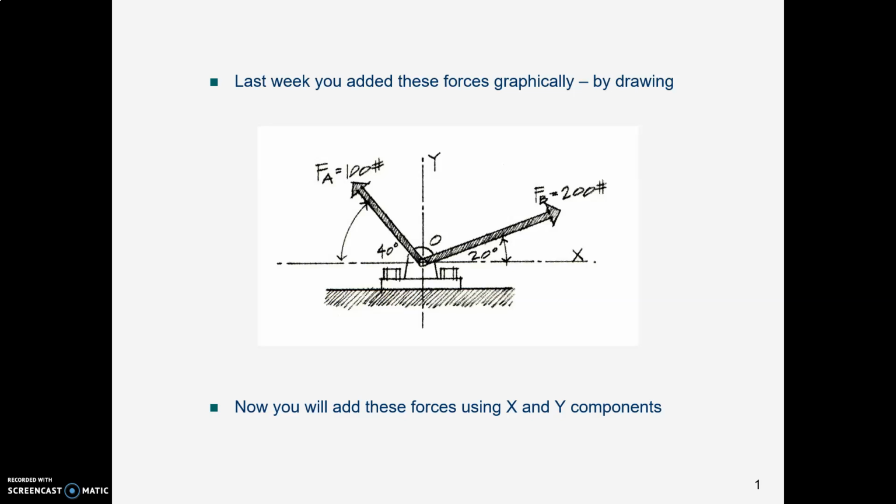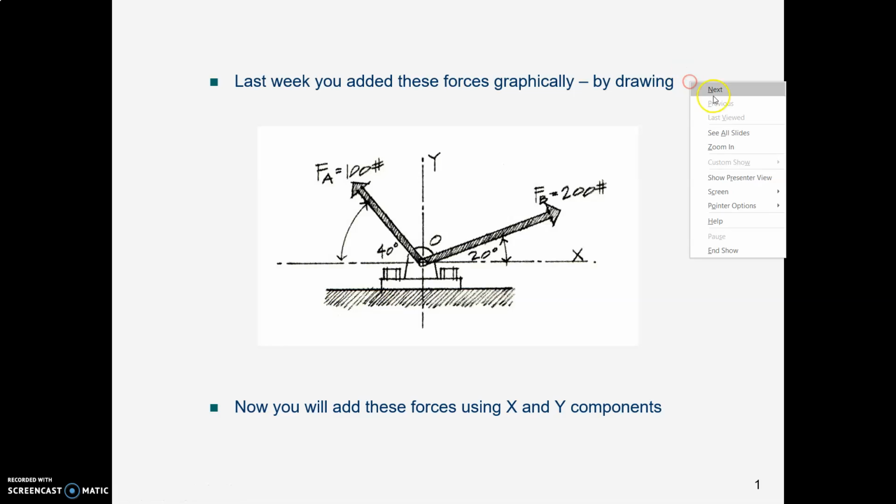Now let's find the resultant again, but this time we'll use X and Y components. It's always interesting to try a problem two different methods and see if you come out with the same answer. And you should. So you can check your answer when you put these together in CAD and see, is it the same number you get when you put them together with X and Y components.